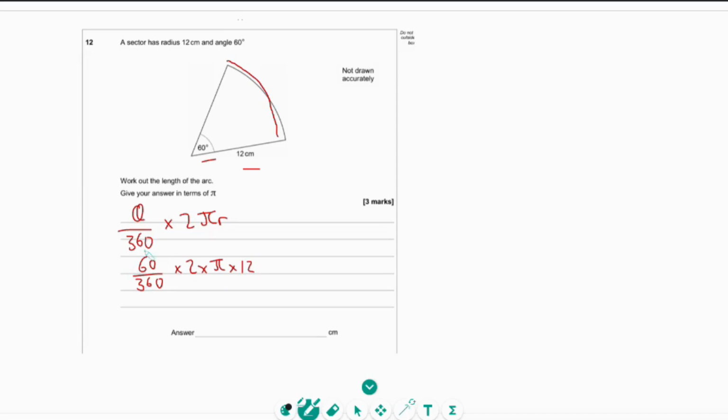Well, let's simplify this fraction first. Divide them both by 10, gives us 6 over 36. Divide the numerator and denominator by 6, and you get 1/6. 2 times 12 is 24, so it's 1/6 times 24 times pi. 24 divided by 6 is 4, so it's 4 pi.